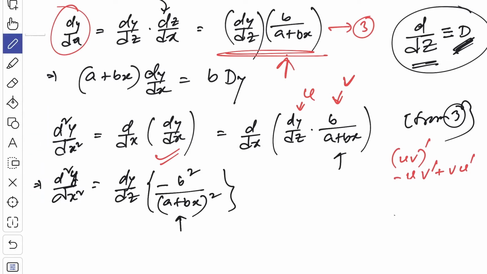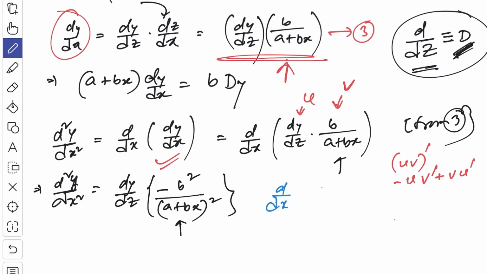Just let me show you here. The derivative of 1 by f of x is, remember, minus 1 by f of x whole square, times the derivative of f of x, right?